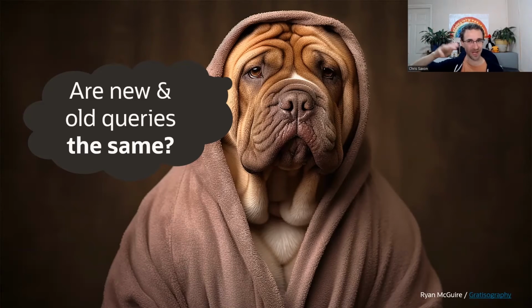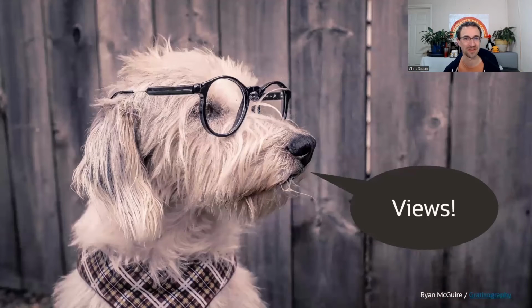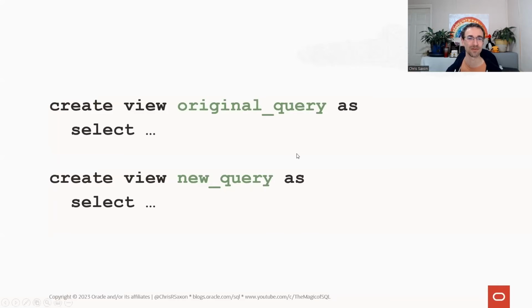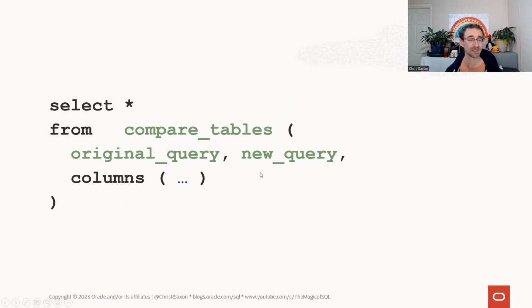Even the statements we had before, which are reasonably large, imagine one which is a few hundred lines long, can get quite messy. So something I like to do in these situations is use views. Basically, just create a view for the old and the new queries, wrap them in a view, and then we can just pass those views to our comparison method. We've got our compare tables macro here, or we could just do it in group by or whatever.